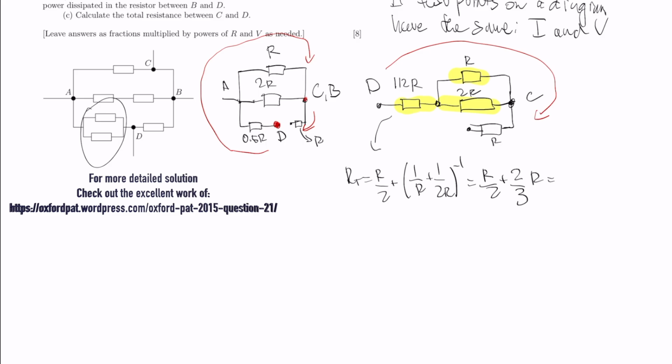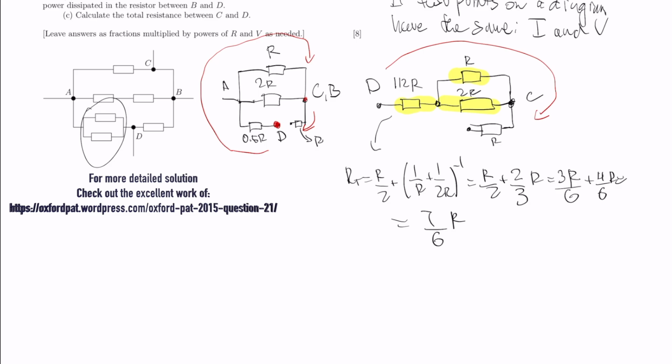Okay, let's put these under a common denominator. So we're going to get 3R over 6 plus 4 over 6 multiplied by R, which means that this here will be 7 over 6R.